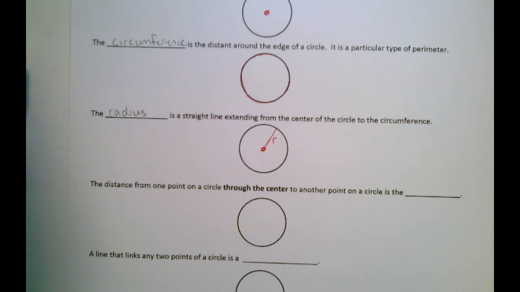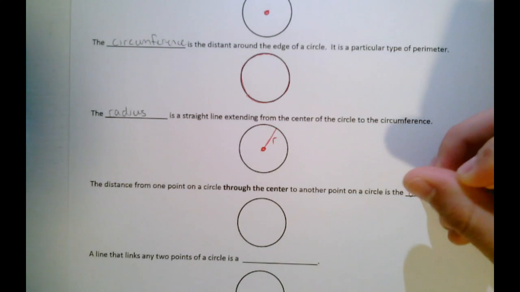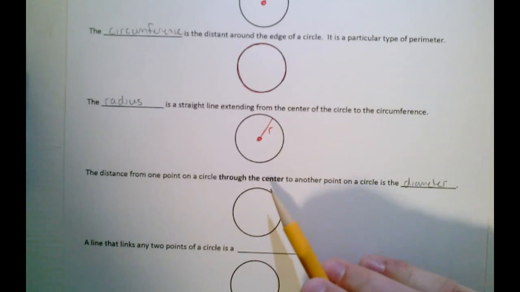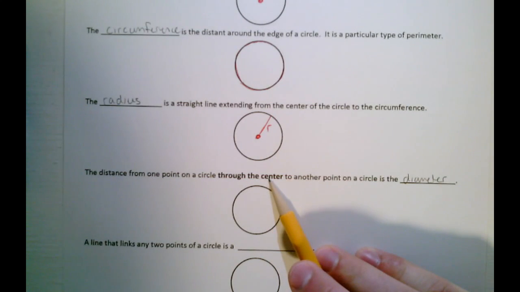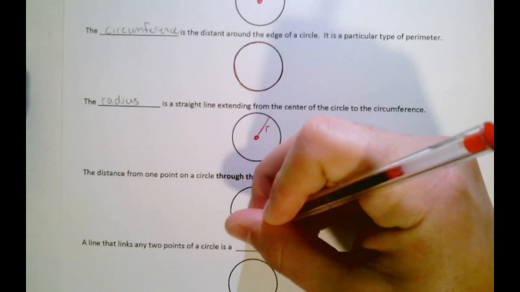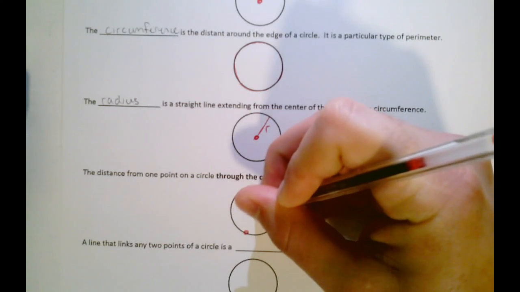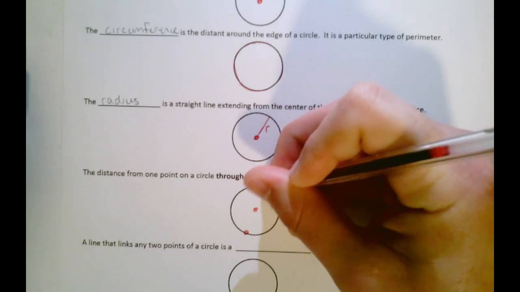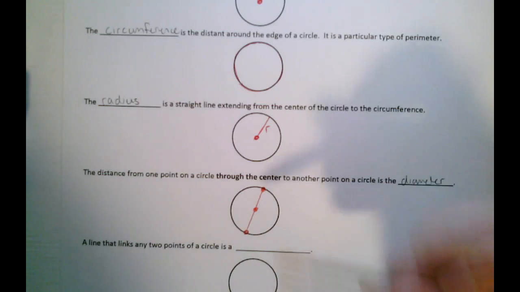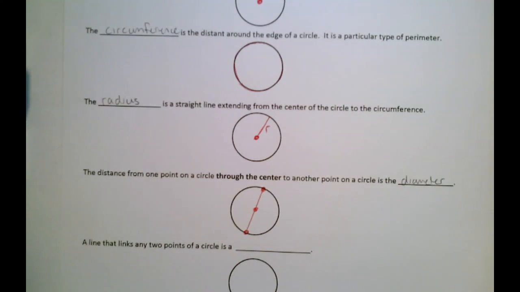The distance from one point on a circle through the center to another point on the circle is the diameter, and I think it's really important to note that it has to go through the center, and you'll see why for the next definition. So if I have a point, the center, and another point, a line that extends through and touches the center to each endpoint on the circle circumference is the diameter.